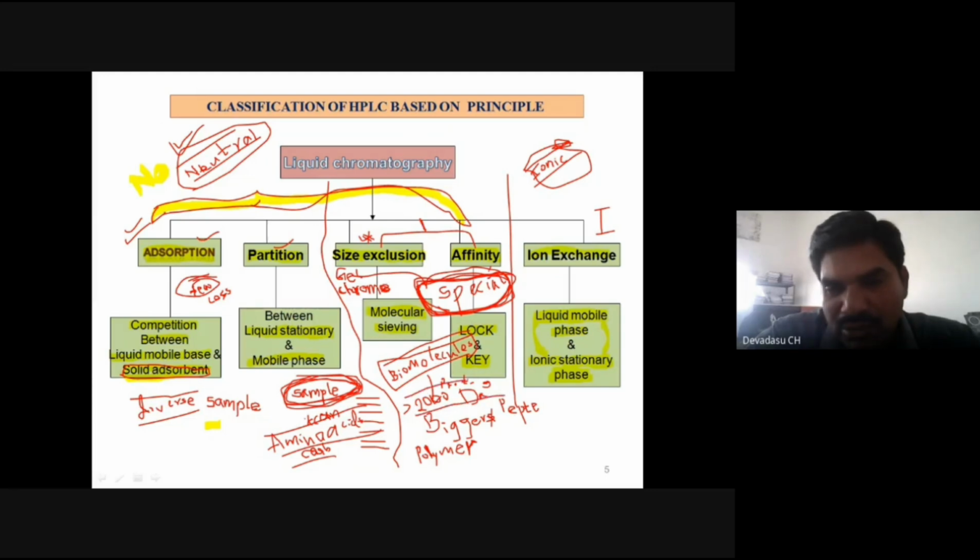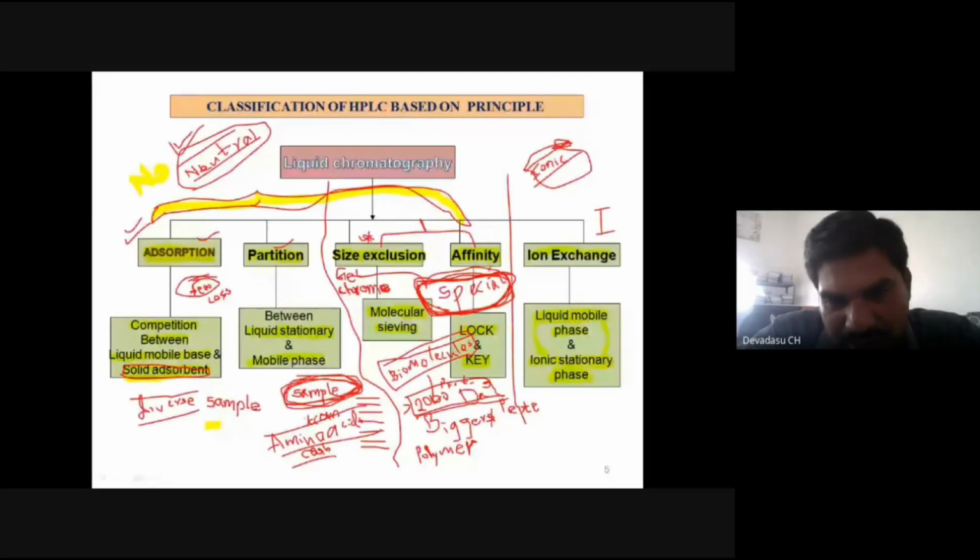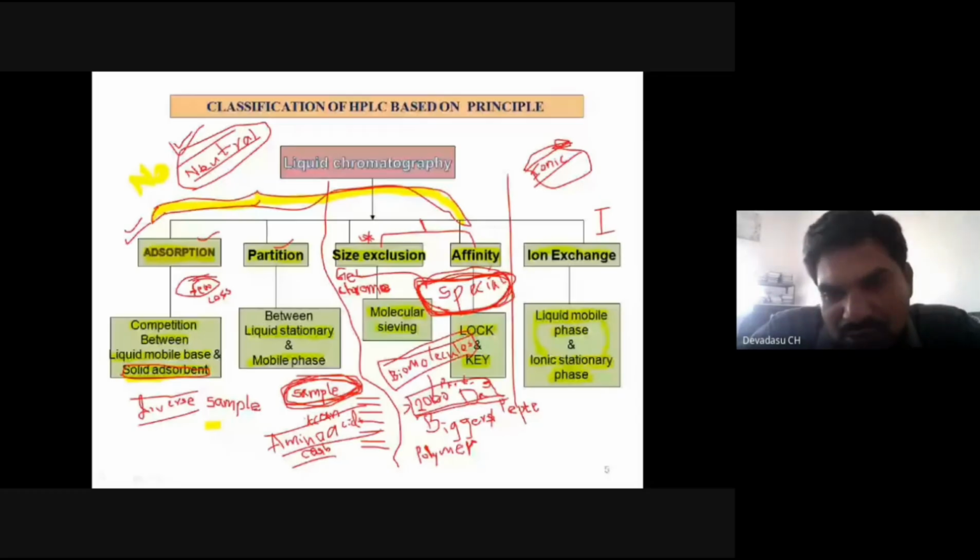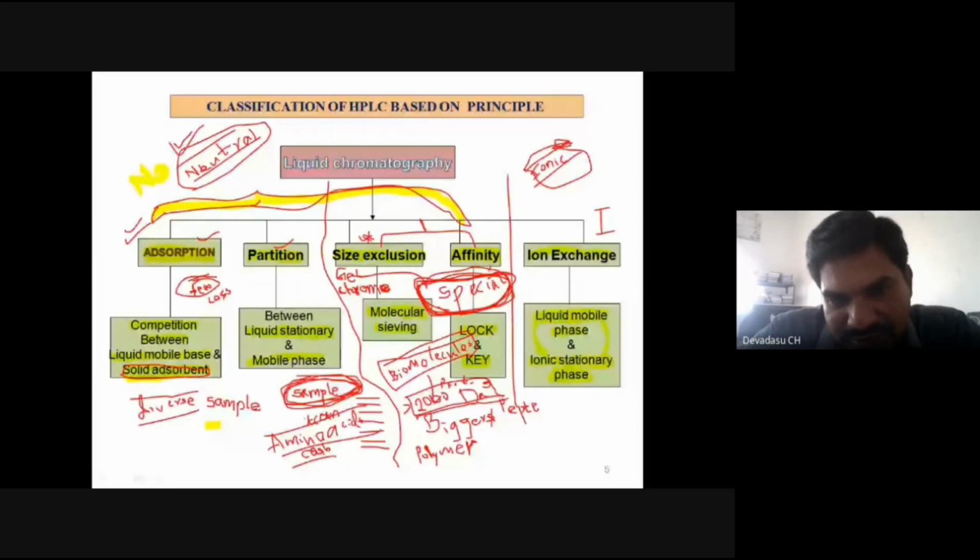They cannot be separated by other techniques like vapor chromatography or thin-layer chromatography. Therefore, only special kinds of molecules, or molecules above 500 Daltons molecular weight, can be successfully separated by size exclusion chromatography.